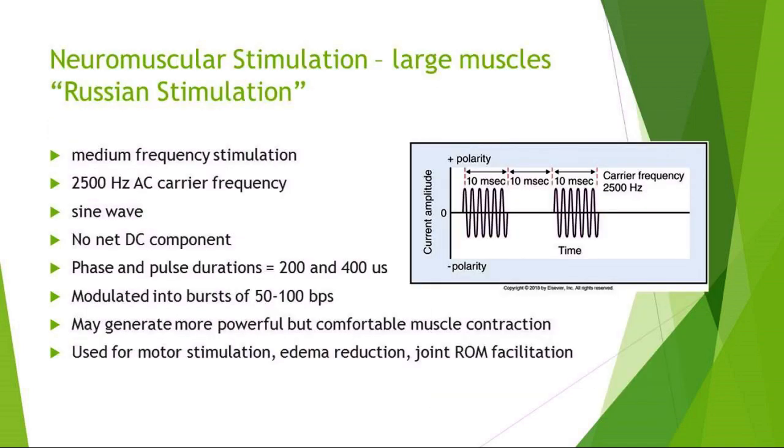So Russian stim is used for neuromuscular stimulation of large muscles. A lot of the muscle stim done in the clinic is done to quadriceps and tibialis anterior for dorsiflexion.